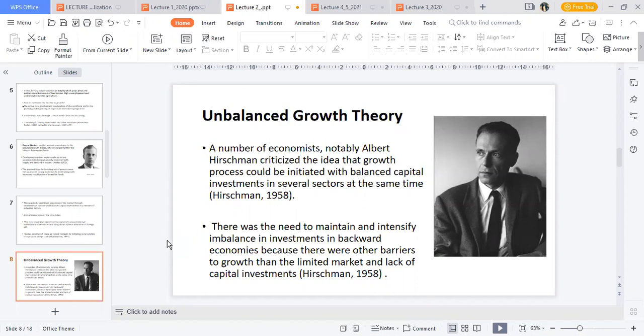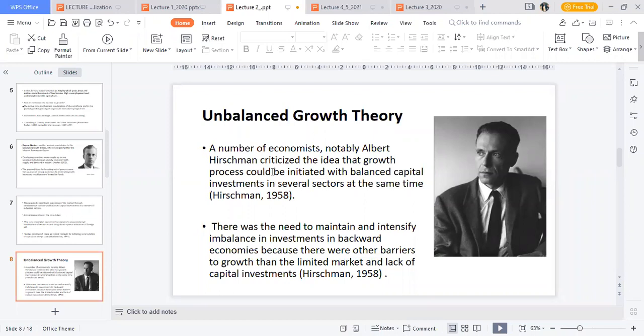Do you remember? Yeah. He's also an economist. So this course is more or less economists who are propounding theories. This is what economics is about. We actually studied about this man, Albert Hirschman.